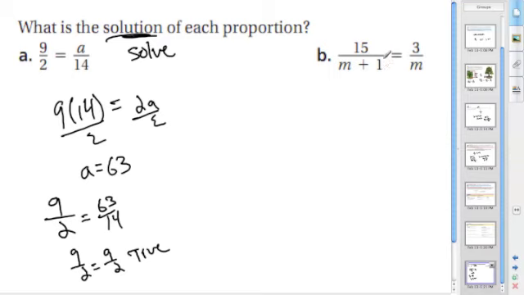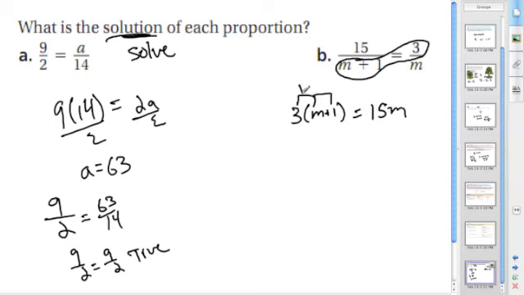Next, we're going to do another cross product. So if you have a fraction equal to a fraction, cross multiply. You should be familiar with this in Algebra 1. So you have 3 times m plus 1 equals 15m. Remember, it's distribute, which means multiply. So it's 3m plus 3 equals 15m.